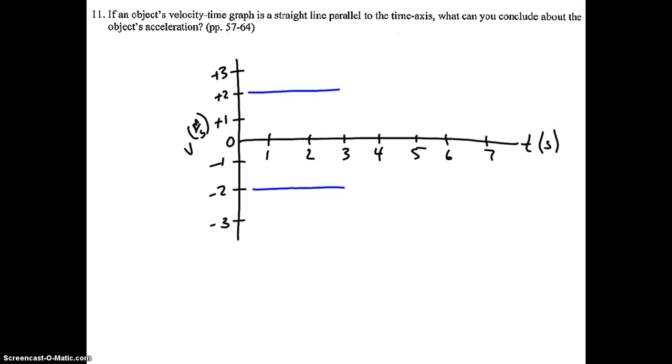Well, the acceleration on a velocity time graph would be the slope of the line on that graph. Just like velocity is the slope on a distance time graph, acceleration is the slope on a velocity time graph.